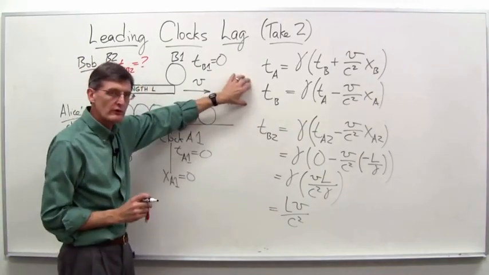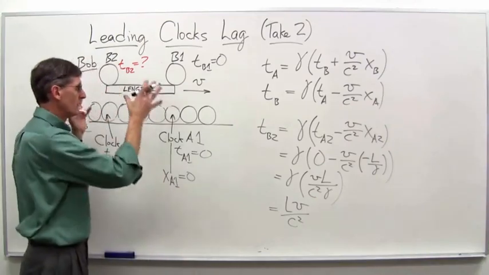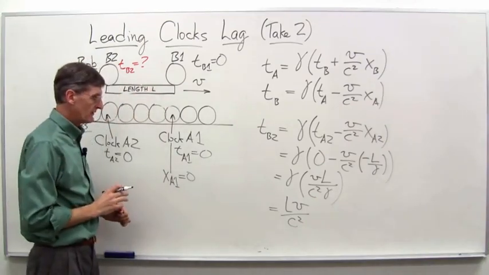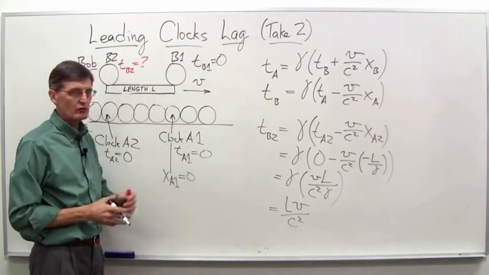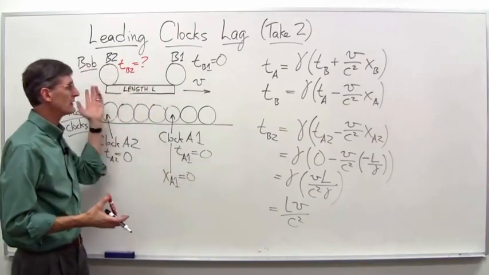Once we have that tool in our toolbox, then we can apply it to situations like this, so we don't always have to go back to first principles and get the answer we want. So that's take 2 on leading clocks lag. Remember, first of all, that leading clocks lag.